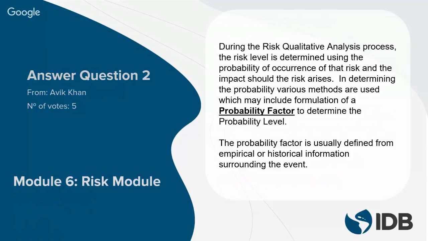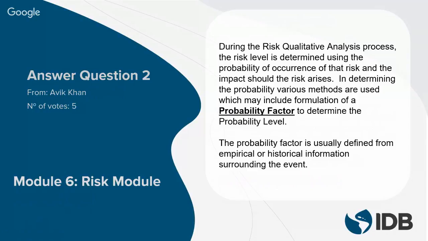Now, in determining the probability, various methods are used, which may include formulation of a probability, Bayesian techniques and statistics, and you can include historical information to help you to determine that probability level. Because what you'll find maybe is that sometimes the probability assessment or analysis is a bit subjective.